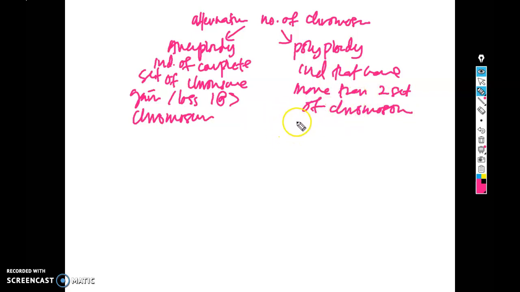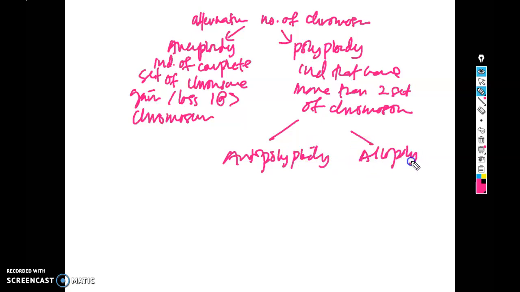Okay, and polyploidy has two types: autopolyploidy and another one is allopolyploidy.